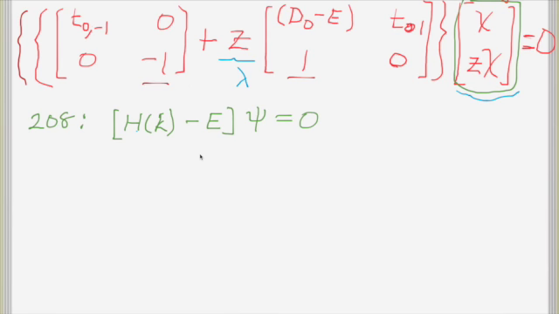When we had a periodic crystal, that was what we were solving, and so k was an input. You'd choose a k in your Brillouin zone, you'd construct h of k, and then you would solve the eigenvalue problem.